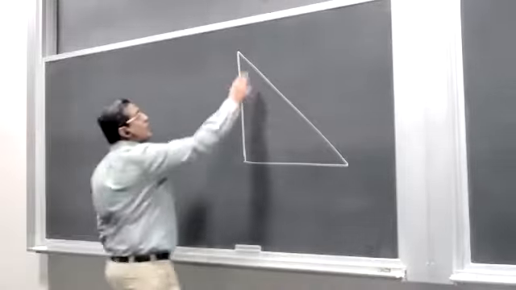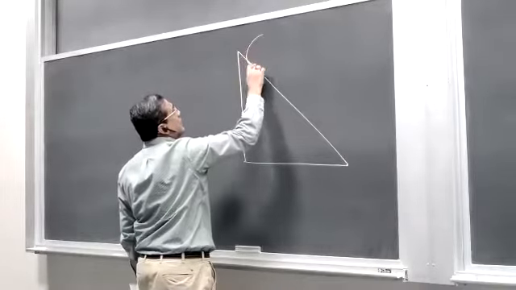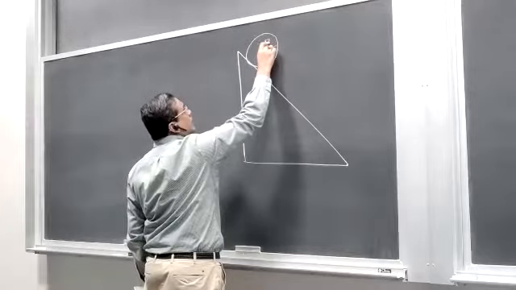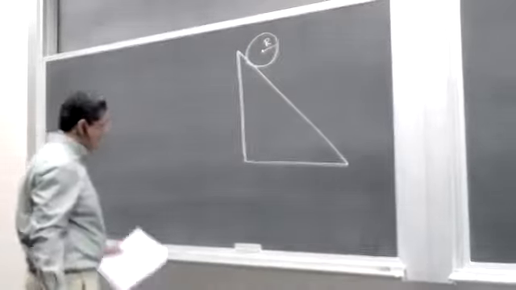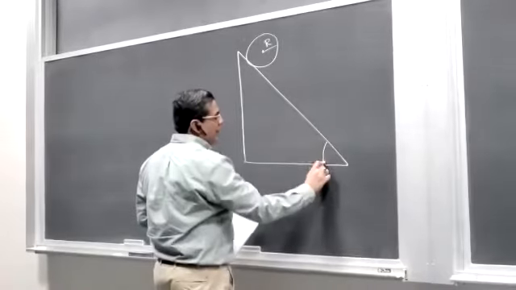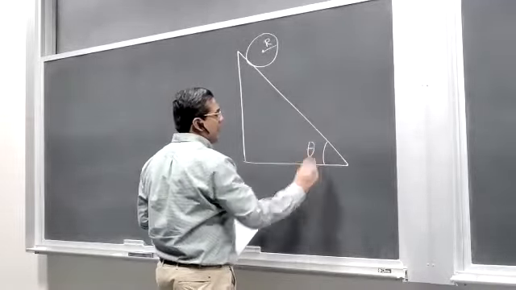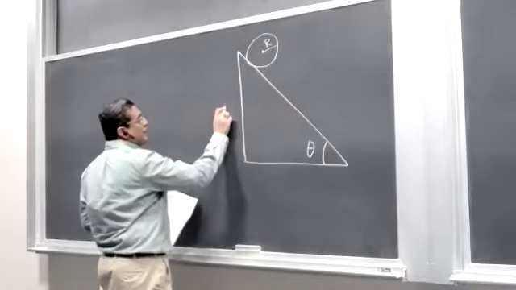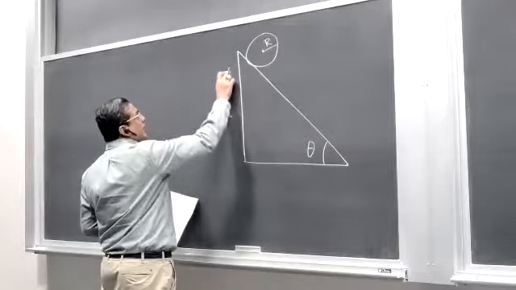So we have a cylinder of radius r, and it's rolling down a plane which makes an angle theta with the horizontal from height h.